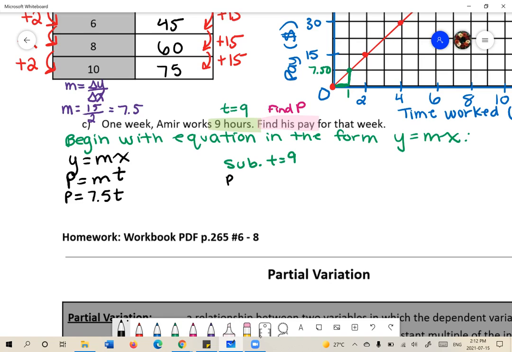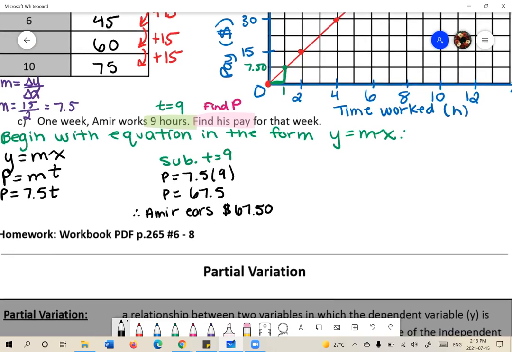P is equal to 7.5 times 9. 7.5 times 9 is 67.5. Therefore, Amir earns $67.50. I'm going to add a zero after 5 in order to have 2 decimal places, because when we're dealing with money, there should always be 2 decimal places for 9 hours of work.